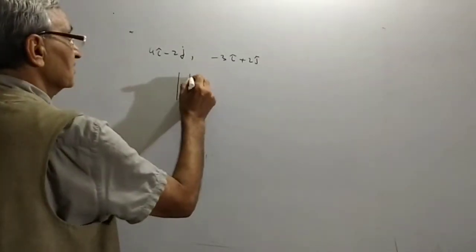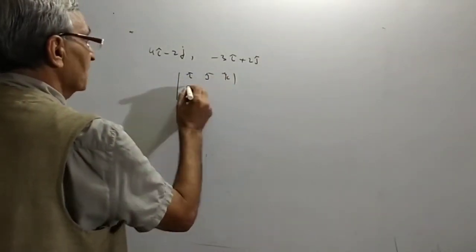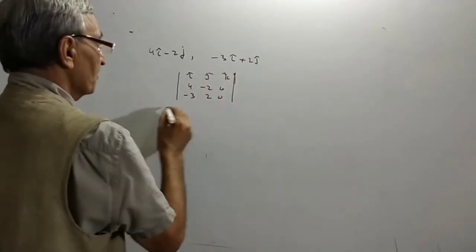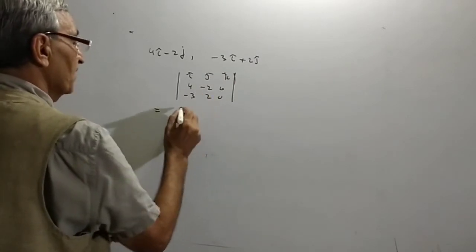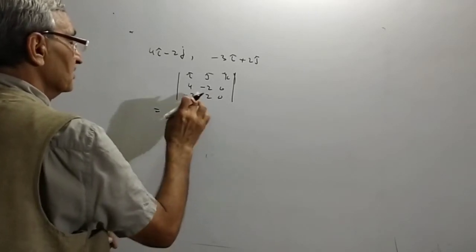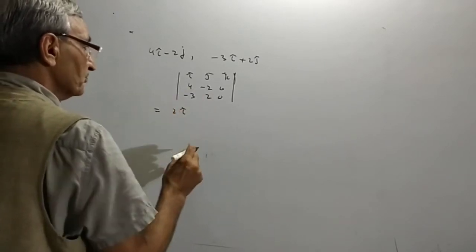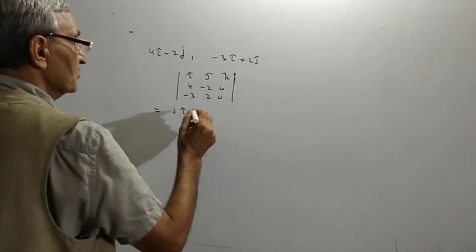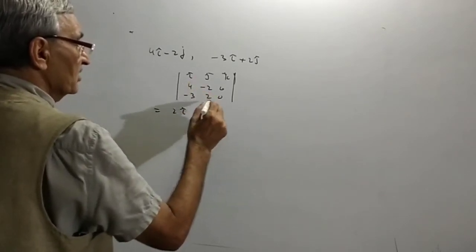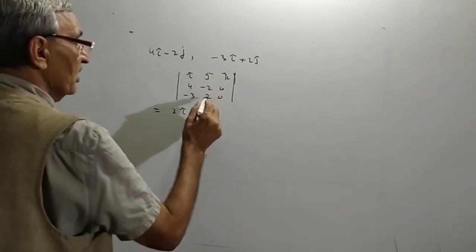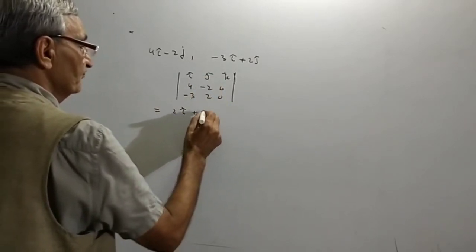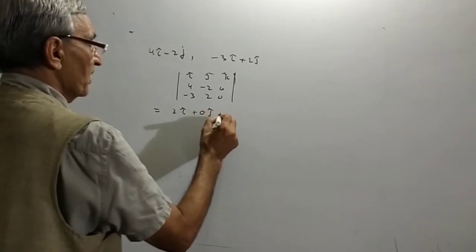So this is i, j, k, and the rows are 4, minus 2, 0 and minus 3, 2, 0. Of course, k will not be there.